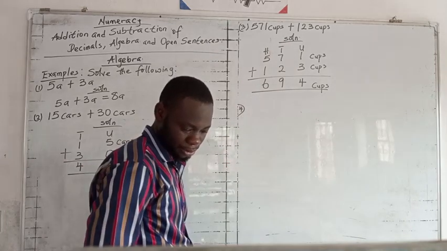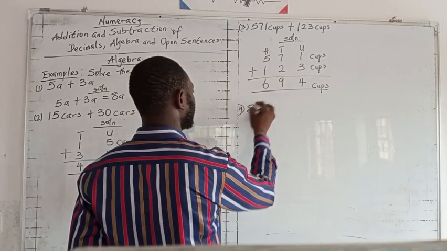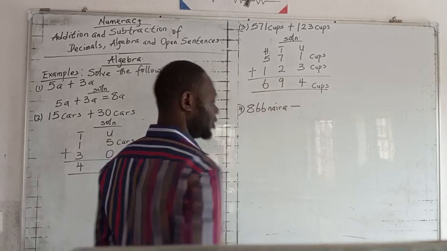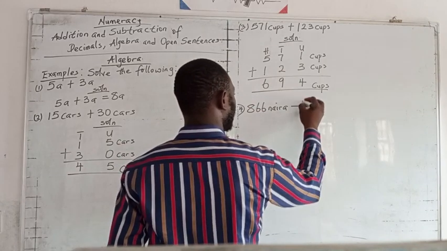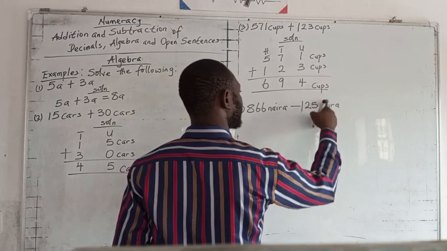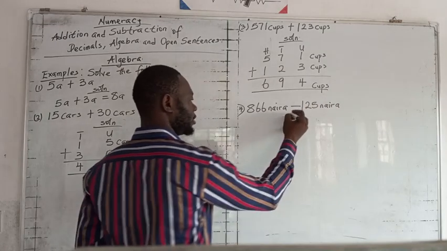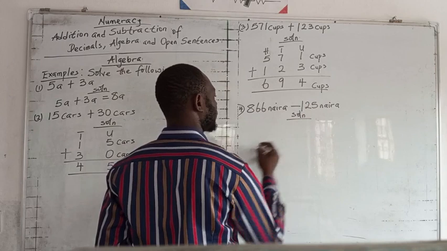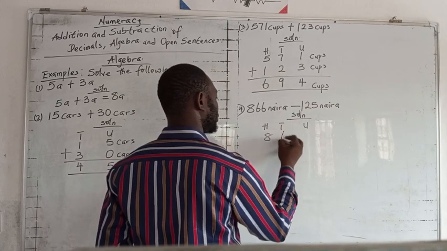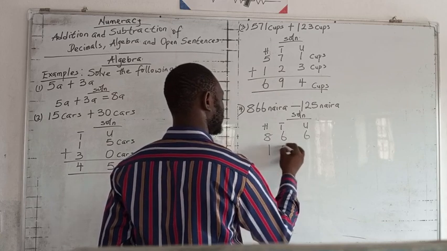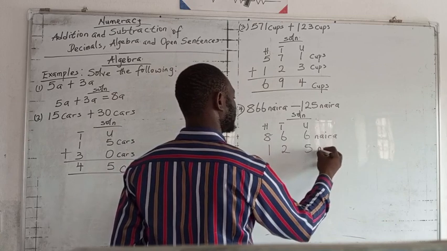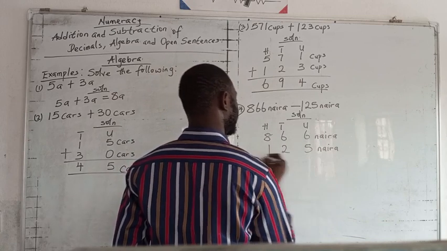Example number 4. So we have 866 naira minus 125 naira. Same thing. Solution. Hundreds, tens and units. Don't forget our naira sign or naira variable.